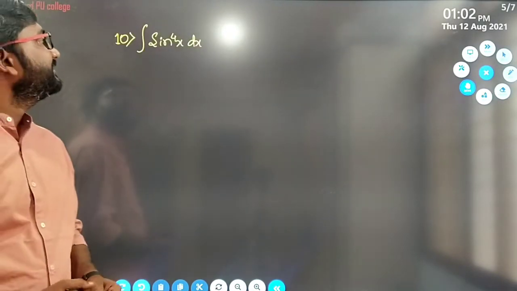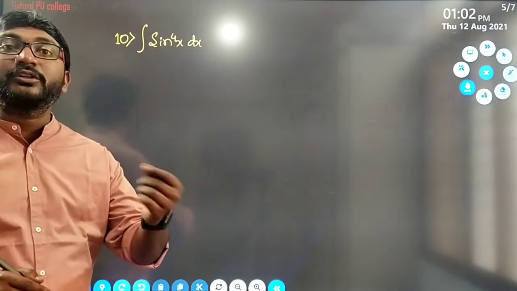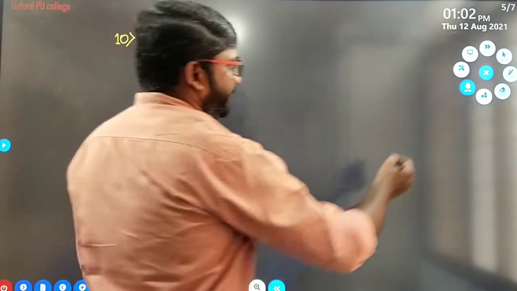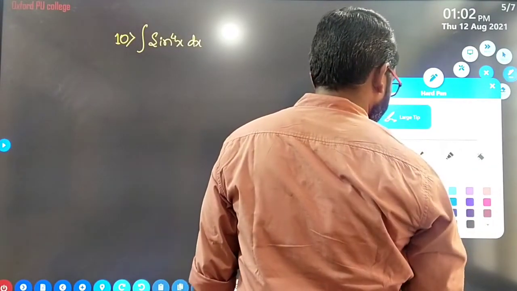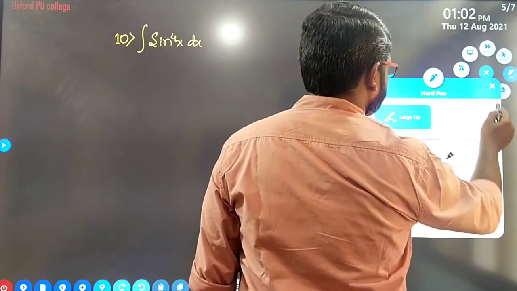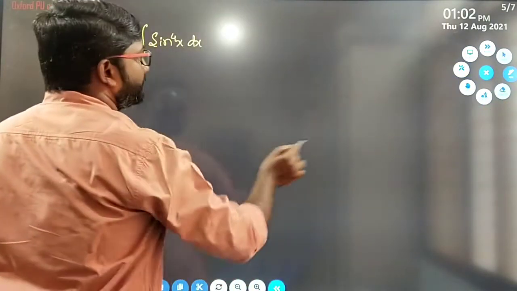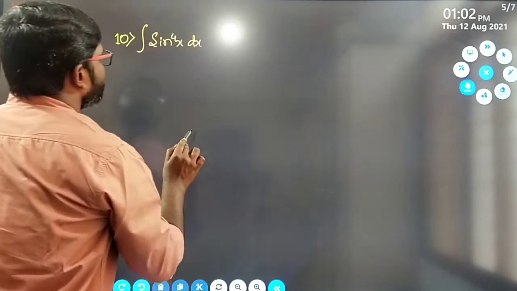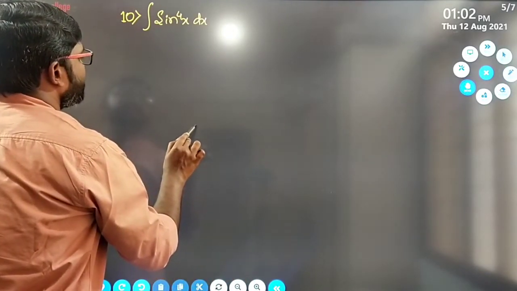Well, the next one is question number 10. Integral sine to the power of 4x dx. Here sine raised to 4x can be written as sine square x into sine square x.